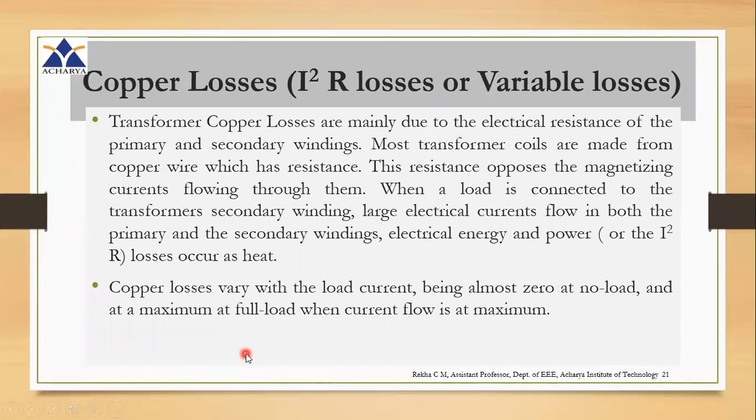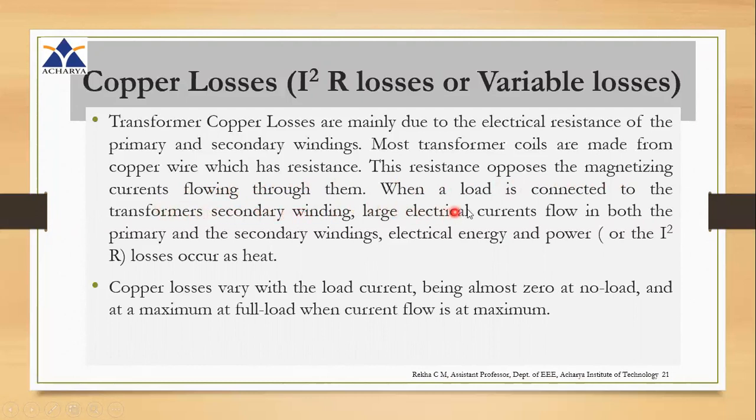So coming to copper loss, also called I square R losses or variable losses. Transformer copper losses are mainly due to electrical resistance of primary and secondary windings. Most transformer coils are made from copper wire which has resistance. This resistance opposes the magnetizing currents flowing through them.